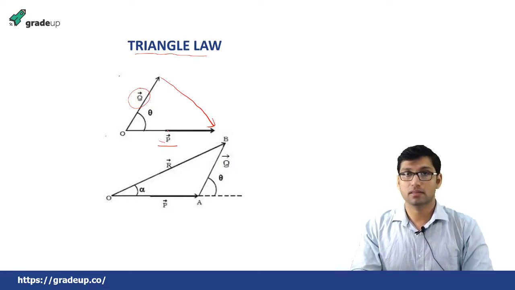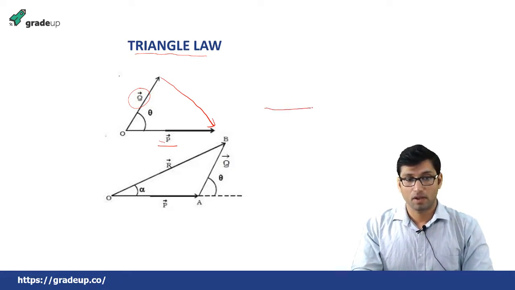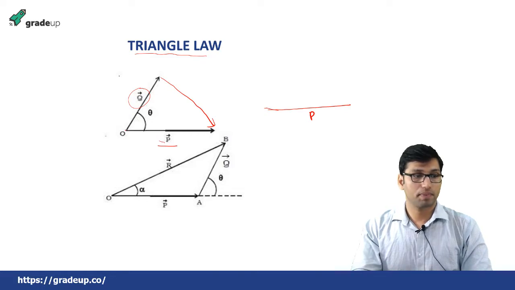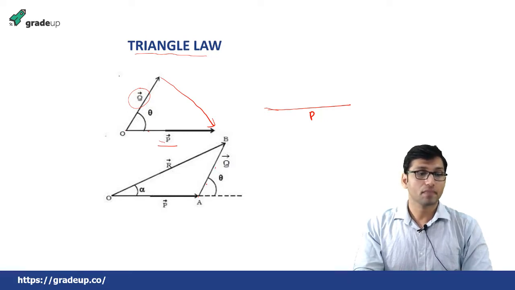Now if this force P is taken the same, and this force Q, which was presently here making angle theta between P and Q, is shifted to this place, it is now represented at the adjacent side of the triangle.